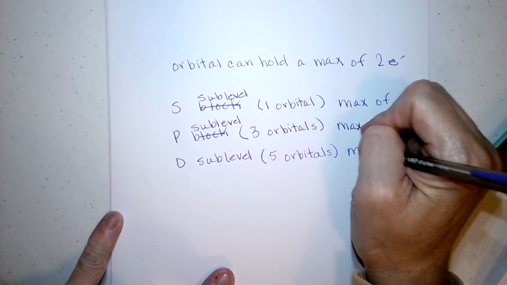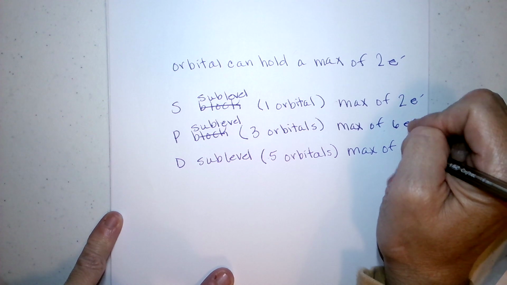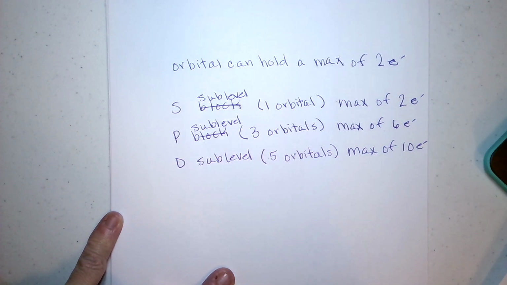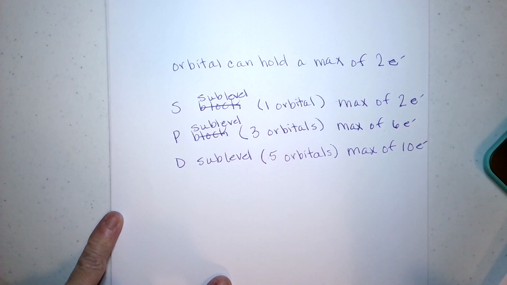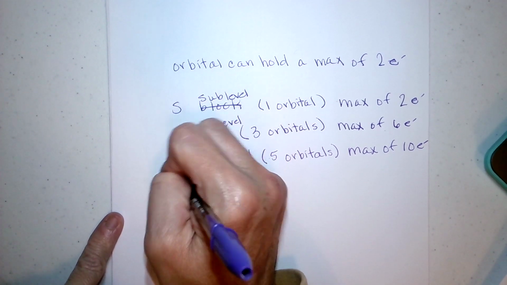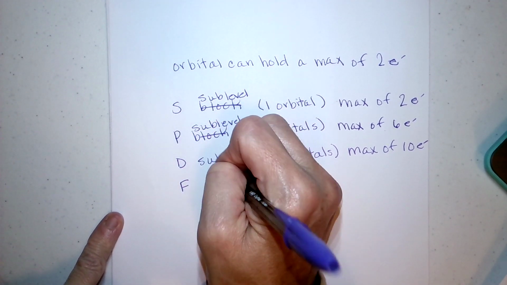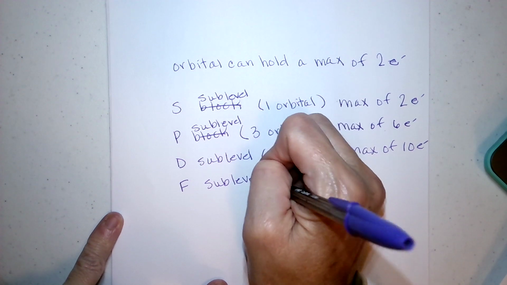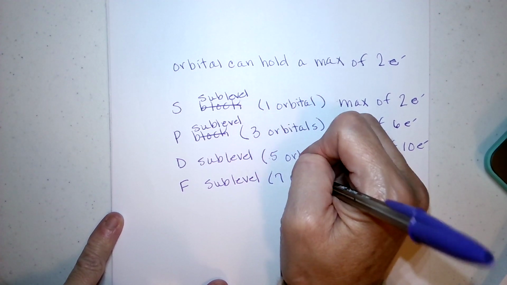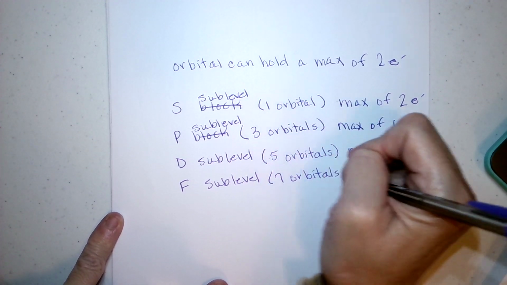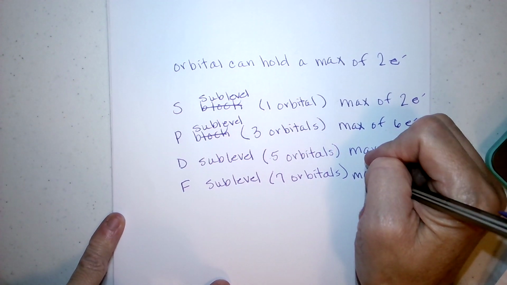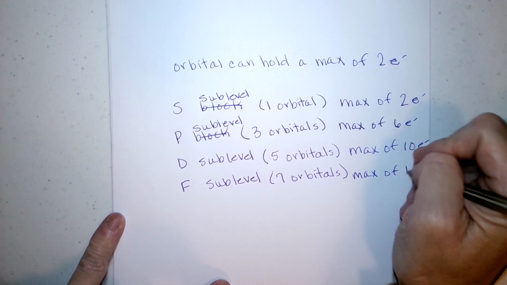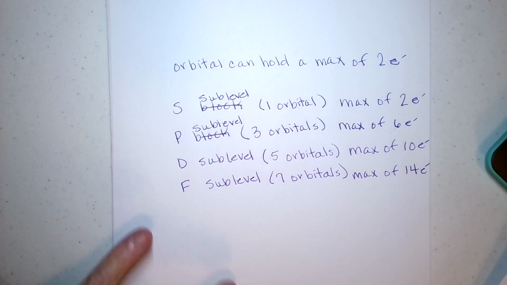And the D sublevel can hold a maximum of 10 electrons. Makes sense, right? If there's 5 orbitals, each orbital can hold a max of 2 electrons. 5 times 2 is 10 electrons. And in the F, as in Frank, sublevel, there are 7 orbitals. And of course, the F sublevel can hold a maximum of 14 electrons.